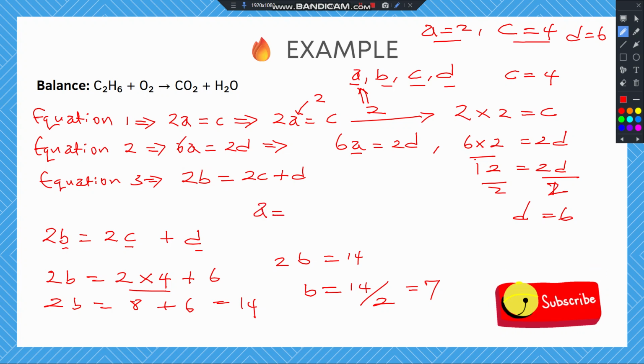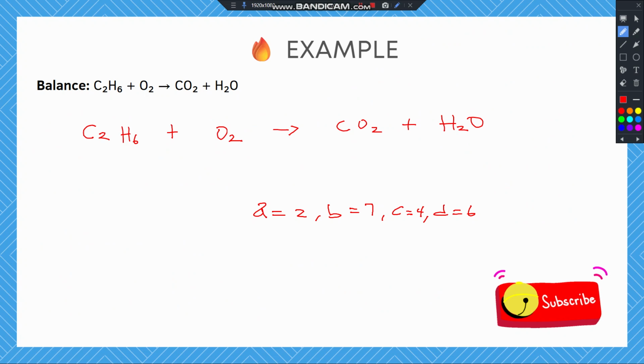A is equal to 2, B is equal to 7, C is equal to 4, and D is equal to 6. So do you know what this means? We can go ahead and put it into the equation now. Let's do that very quickly. Now this is what the equation looks like. And remember, we assigned variables. We said A in front of C₂H₆, B in front of O₂, C in front of CO₂, and D in front of H₂O.